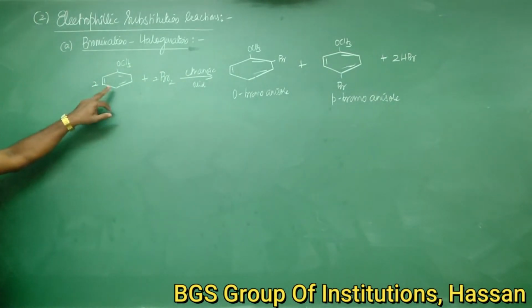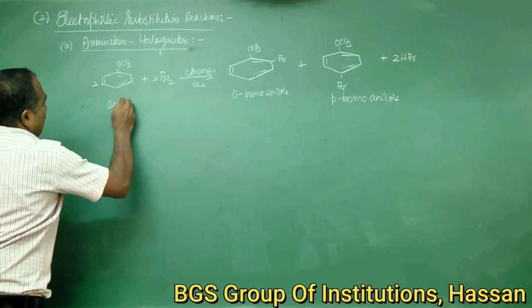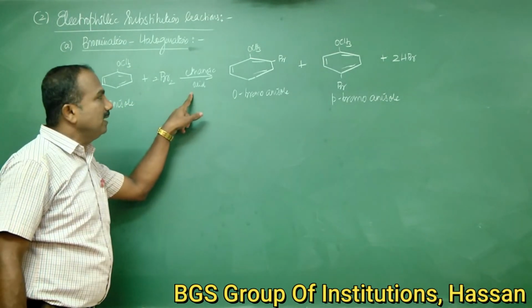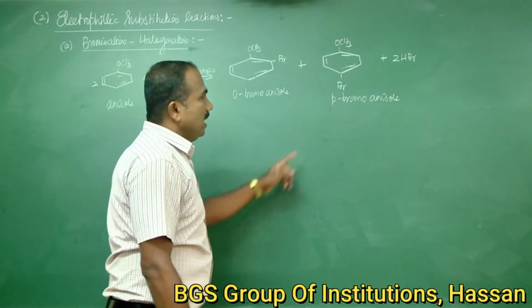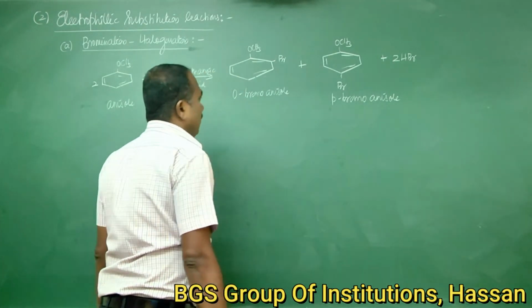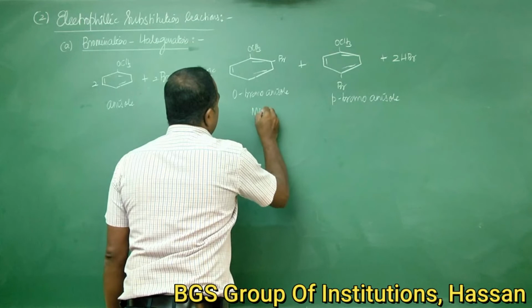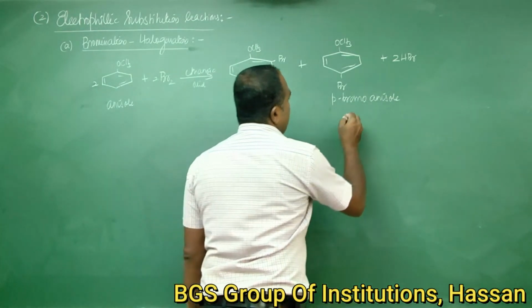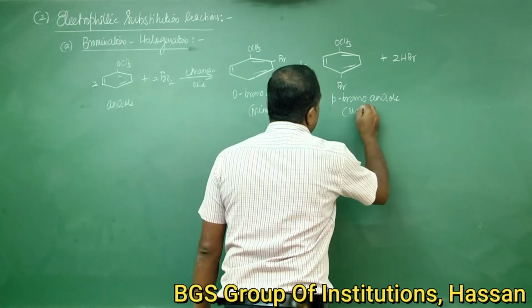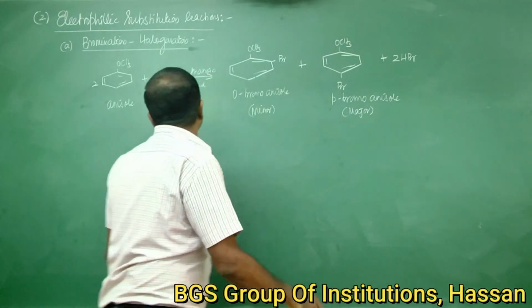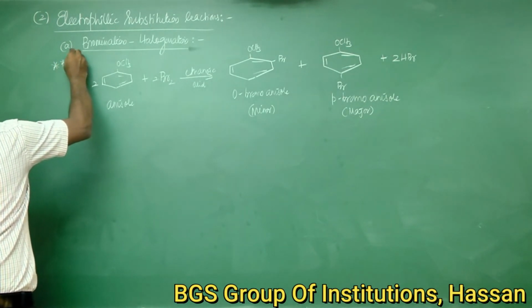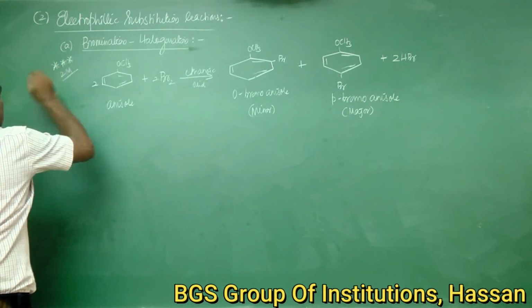So anisole reacts with bromine in presence of ethanoic acid to give orthobromoanisole and parabromoanisole. Out of these, orthobromoanisole is the minor product, whereas parabromoanisole is the major product. This question has already been given in the examination for 2 marks.